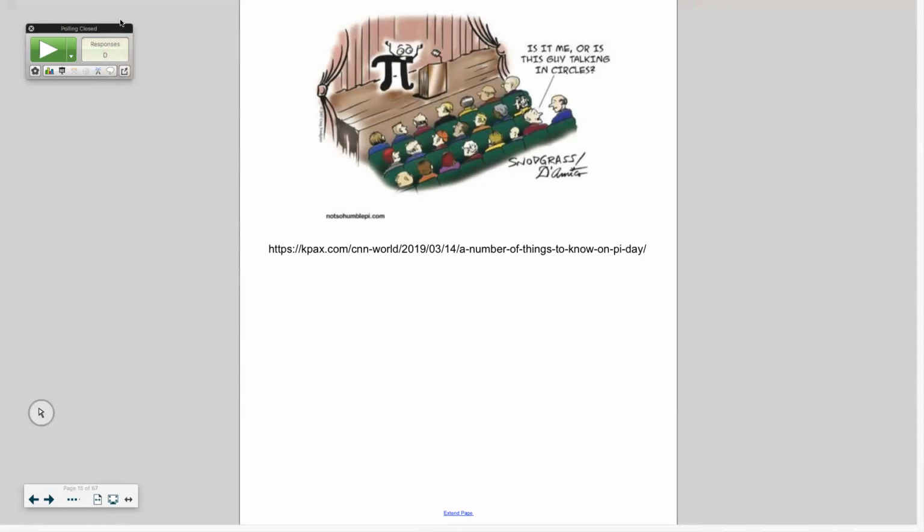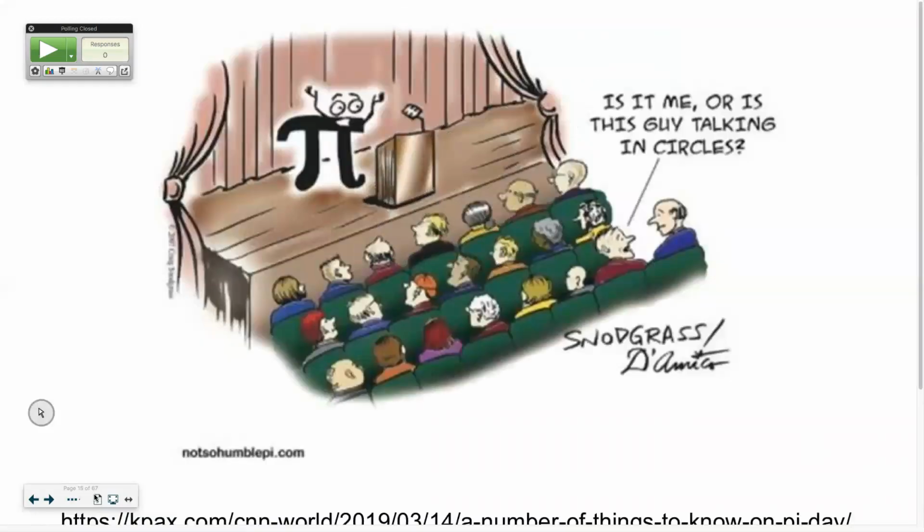All right, there's your Pi Day cartoon for you. You don't get it. We can't even see that far. You can't even see that far? How about that?